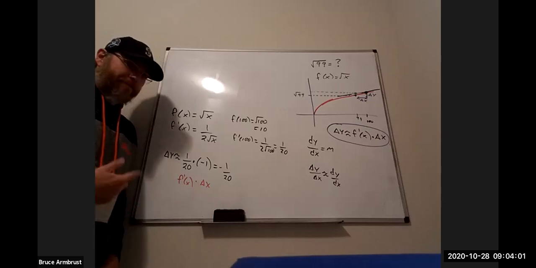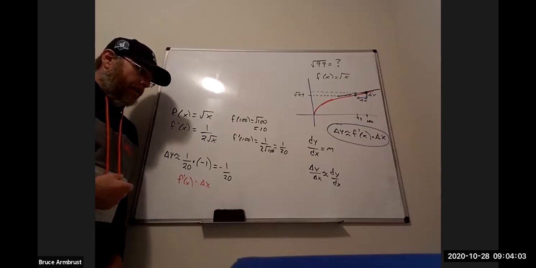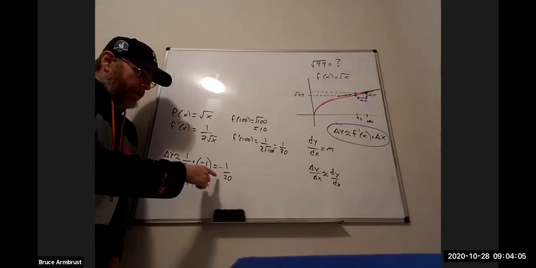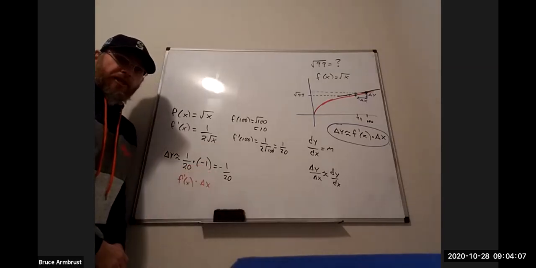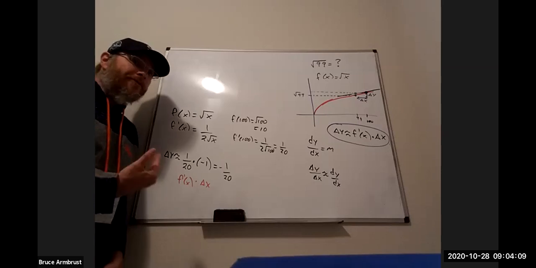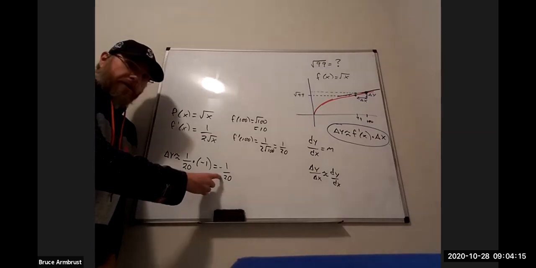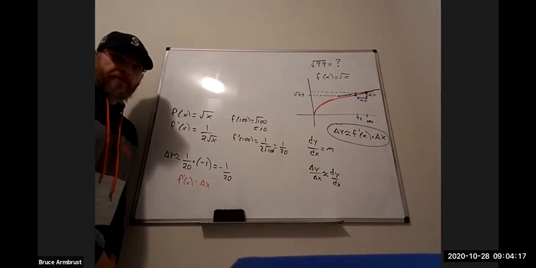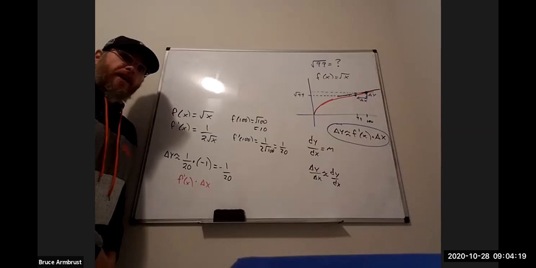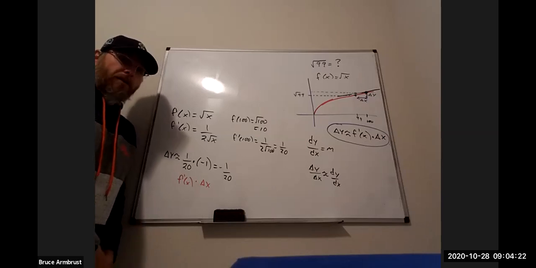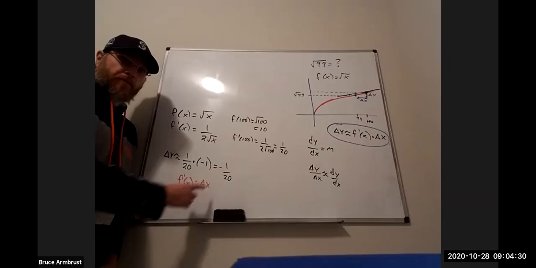Well, this means that the change in the function, so the difference between the square root of 100 and the square root of 99, is around -1/20th. The square root of 99 is about 1/20th less than the square root of 100. Okay, that's how to interpret this number.